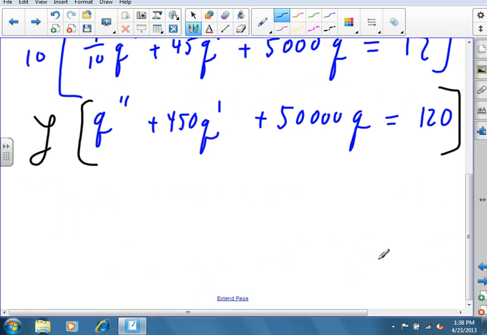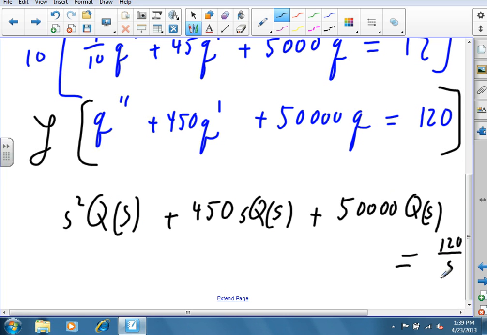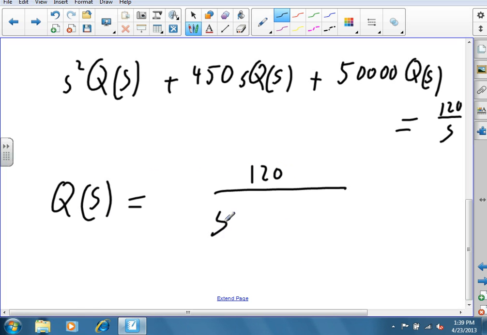Now we need some initial conditions. I at 0 is 0 and Q at 0 is 0, so all my initial conditions are 0. So I'm going to have S squared Q of S plus 450 S Q of S plus 50,000 Q of S equals 120 over S. So now I'm going to have Q of S equals 120 divided by S squared plus 450 S plus 50,000.